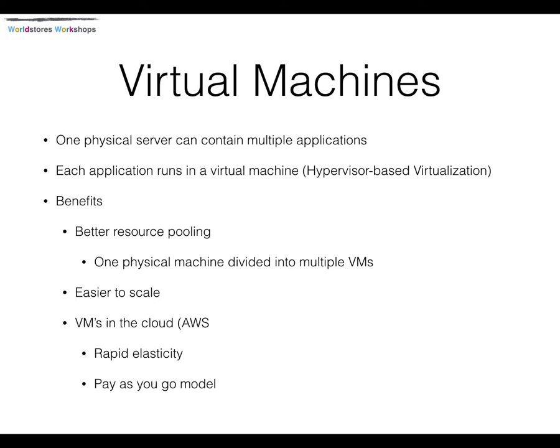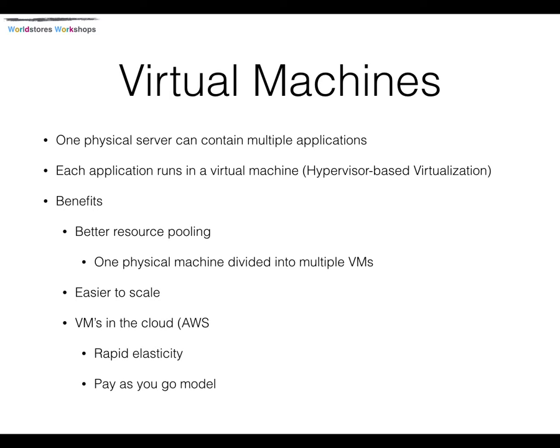So then along came virtual machines, and this was a great way of having one physical server actually running hypervisor-based virtualization, which allowed you to run multiple applications on the same server. This was great as you could start using more resources that the box had to offer.